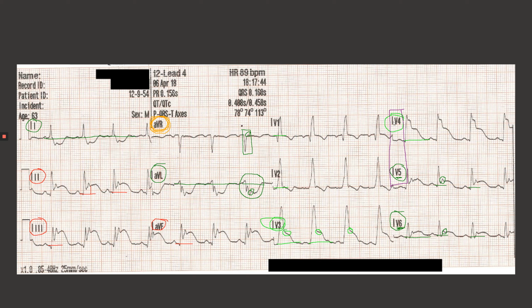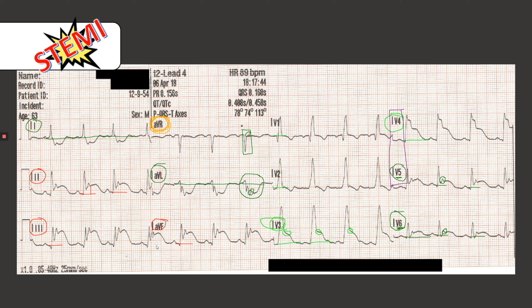So although they're in different groups, like V4 is anterior, V5 is lateral, because they're next to each other, V4 and V5, that counts as a STEMI, okay, STEMI activation criteria. So, with this one, we're going to call this a STEMI. Bam. Okay, very clear on this one.